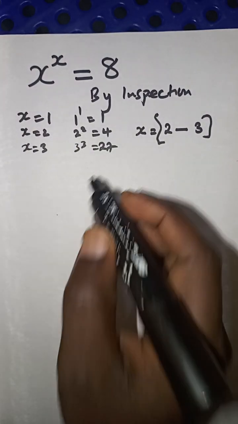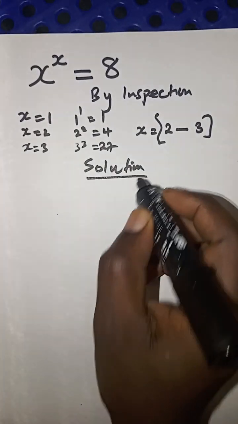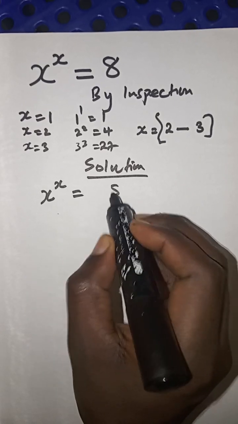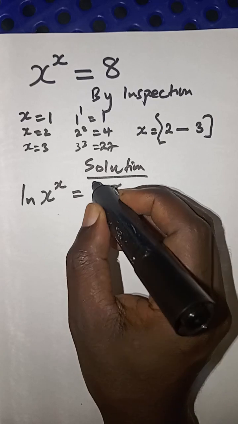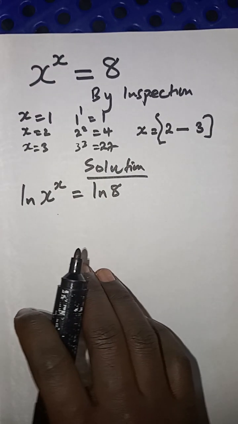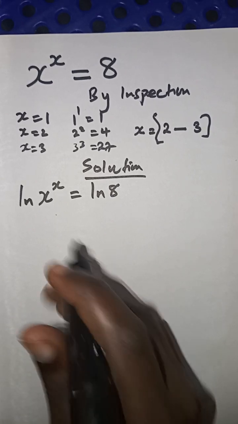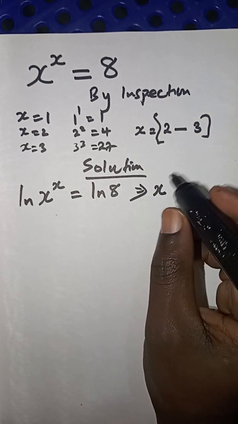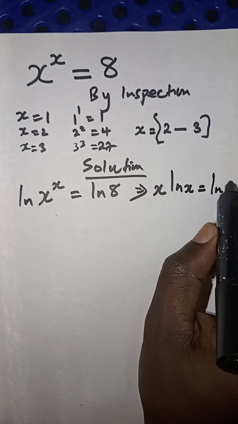Remember to watch up to the end because I have an alternative approach where we're going to find the actual value of x. So on the solution part, if I have x raised to power x equals 8, then the first approach, I'm going to introduce the ln on both sides, or the natural log, so that this now changes to x to the ln of x is now equal to ln of 8.